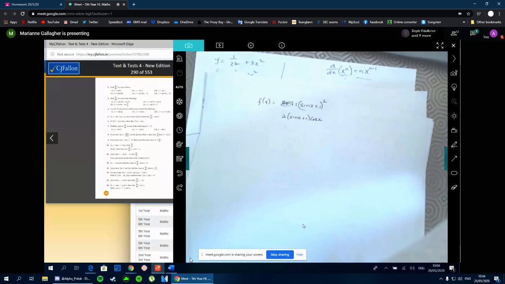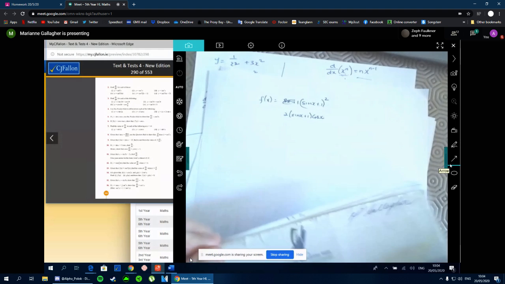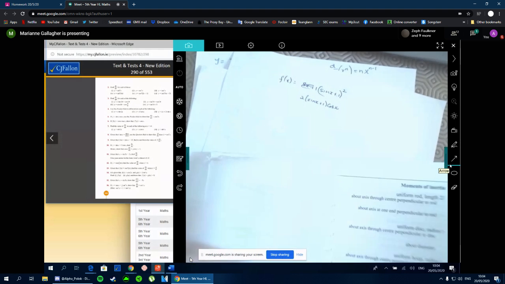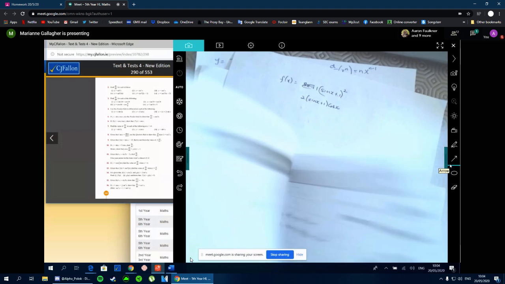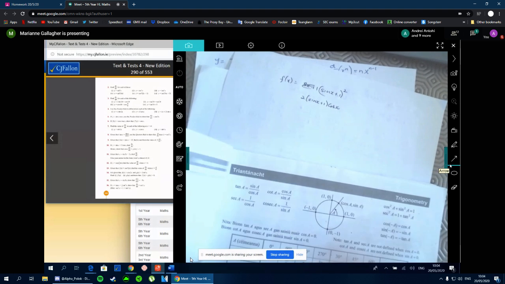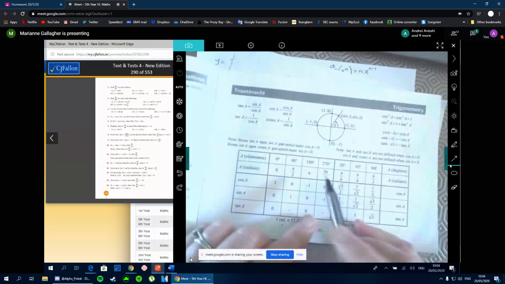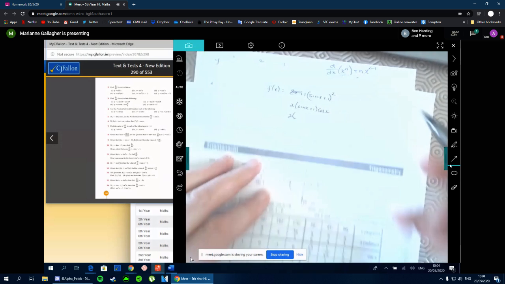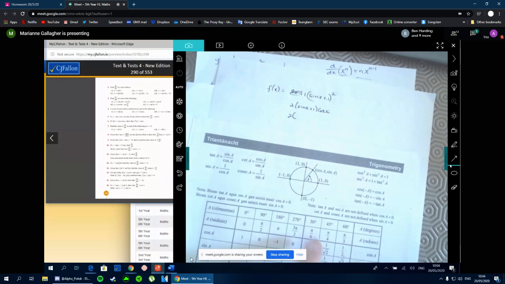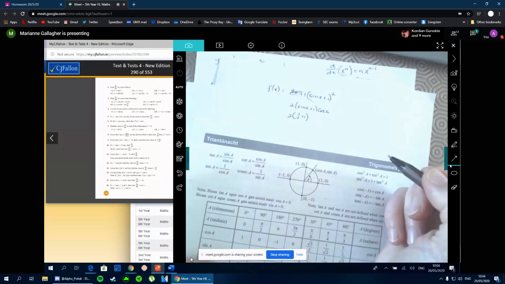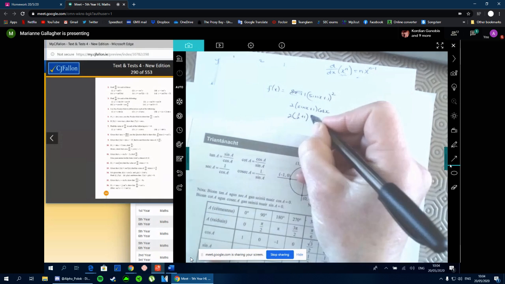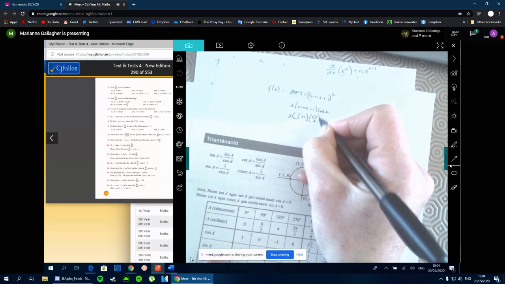Now, what I do there is, well, you can use the calculator if you like, or you could use the tables. Remember, pi over 6 is one of our standard angles. So if you go to page 9 or page 13, pi over 6 is here. So I can go in and I can do twice. Sine pi over 6 is 1 over 2. And cos pi over 6 is root 3 over 2.